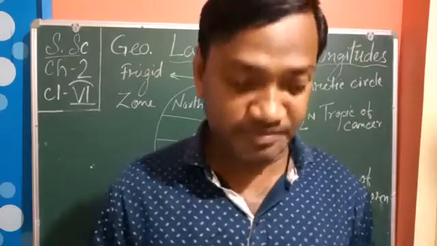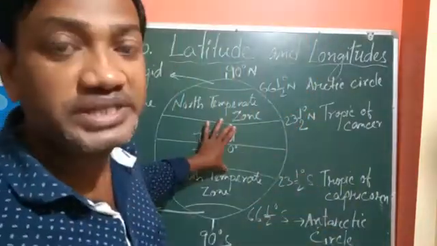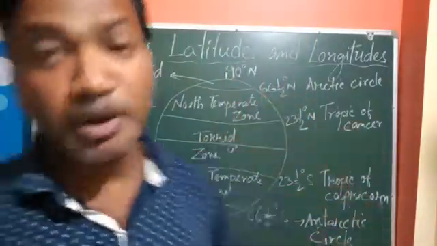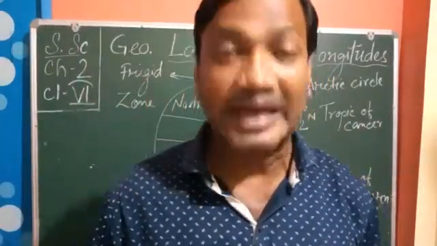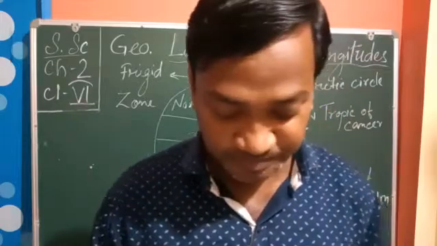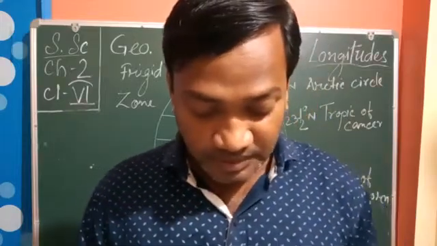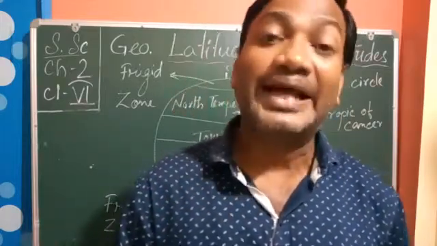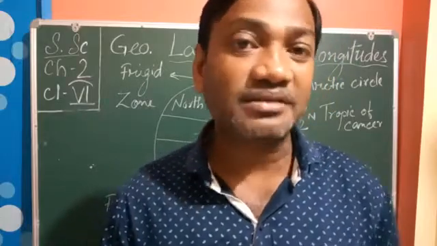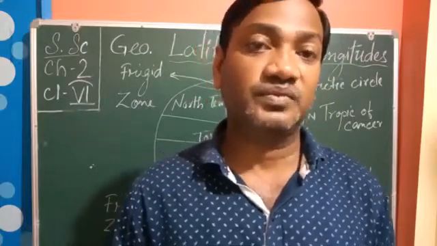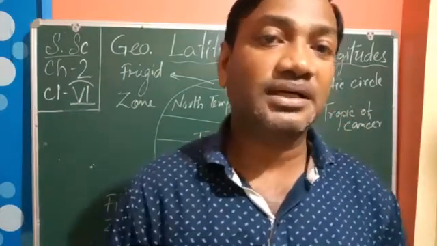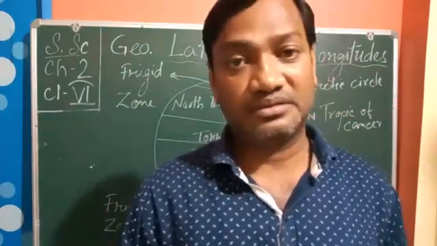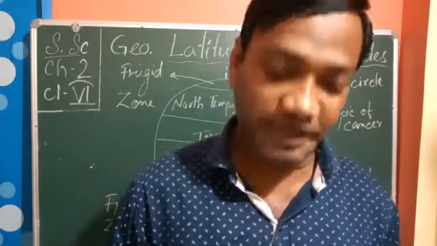This region receives the maximum amount of heat, and that is why it is called the torrid zone. They experience the vertical rays of the sun. That means they get the heat directly from the sun. That is why it is called the torrid zone.